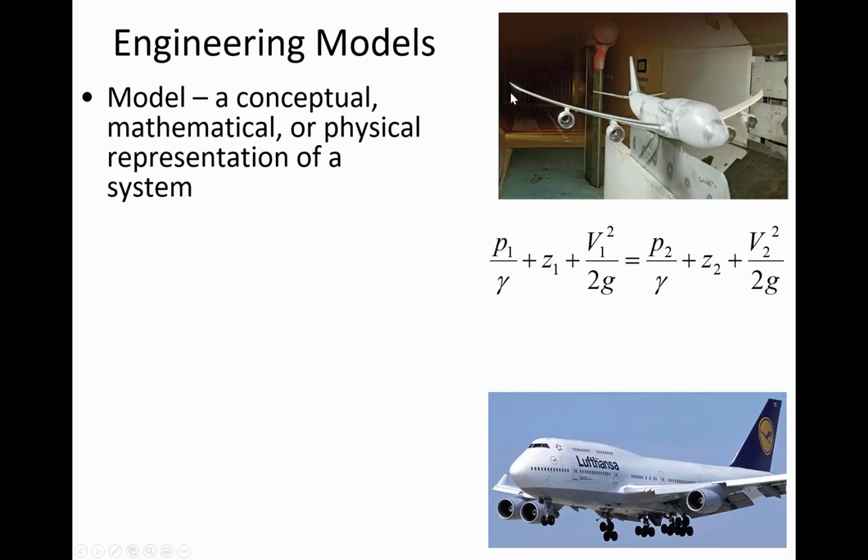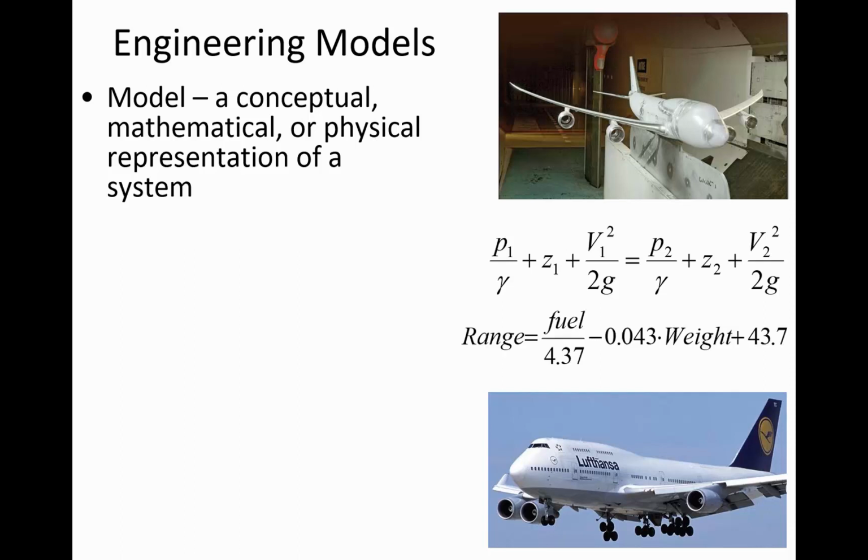This model doesn't have the tips on the wing. And so the model isn't capturing everything that's happening, but you still can get some important answers to questions by interrogating the small-scale model. And we can do the same thing with an equation like Bernoulli's equation. It may be missing some of the factors that exist in reality, but it still is useful to us, and it helps us to understand what's really going on.